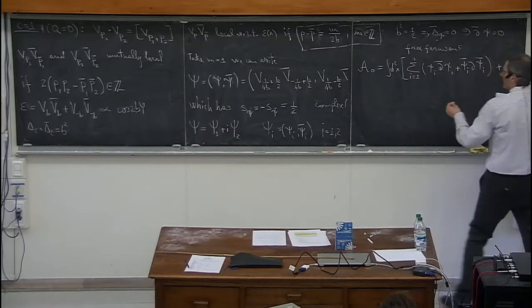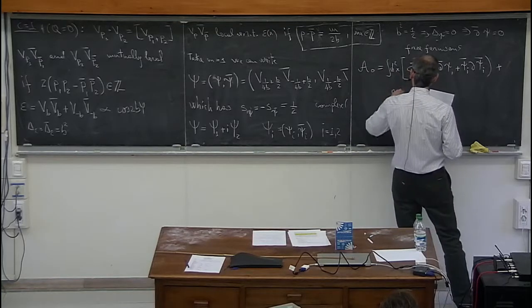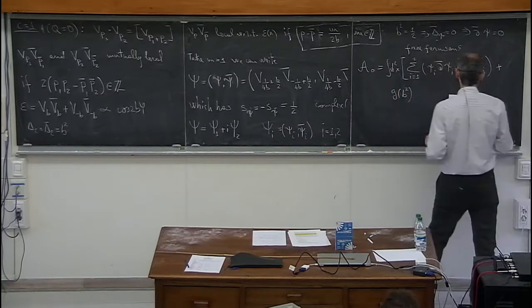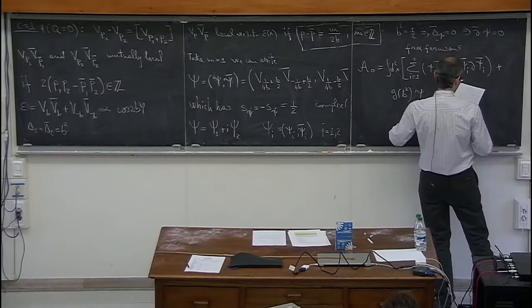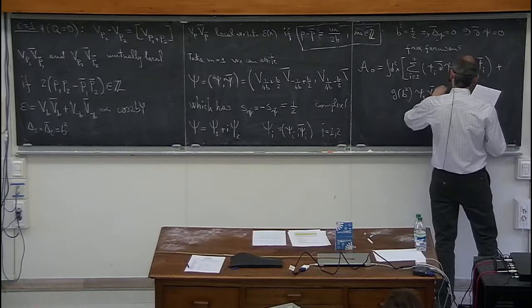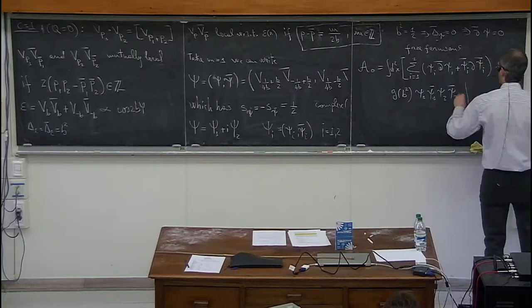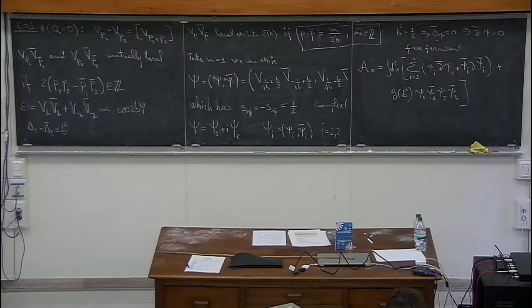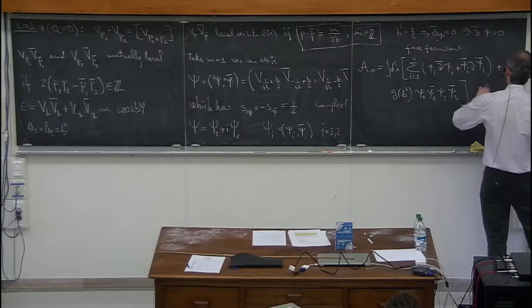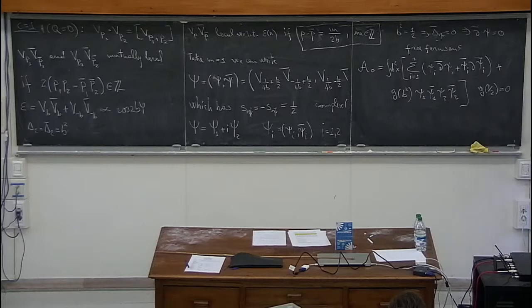But then we have, in general, for other values of b square, some coupling, which will be a function of b square, and then an interaction in the four fermion form. So the property here is that g of b square of 1/2 is 0 to recover the free fermions.